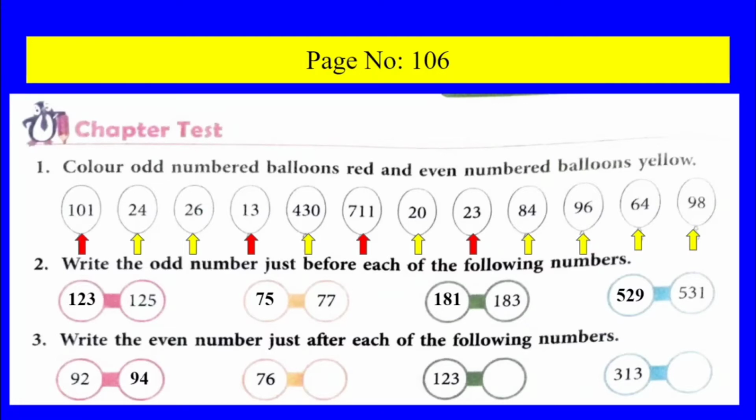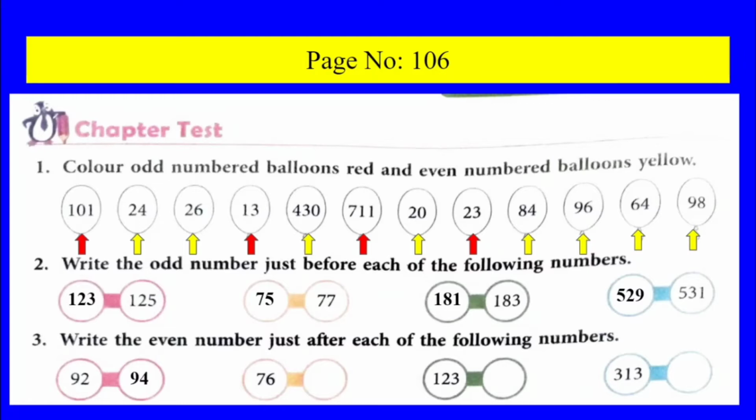Okay. Now the next number is number 76. So children, which number comes after 76? Yes, 77. So is 77 an even number? No, 77 ends with the number 7. Therefore, it is an odd number.